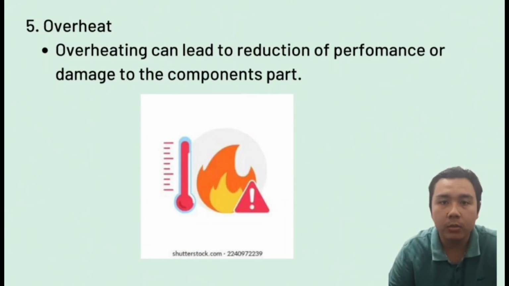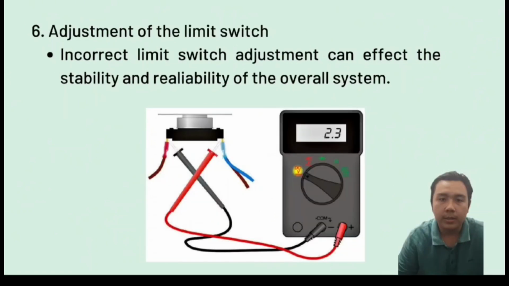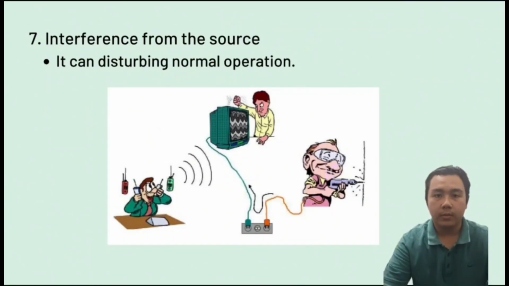Overheating can lead to reduction of performance or damage to the component part. Number 6 is adjustment of the limit switch. Incorrect limit switch adjustment can affect the stability or reliability of the overall system. The last one is interference from the source. It can disturb normal operation.